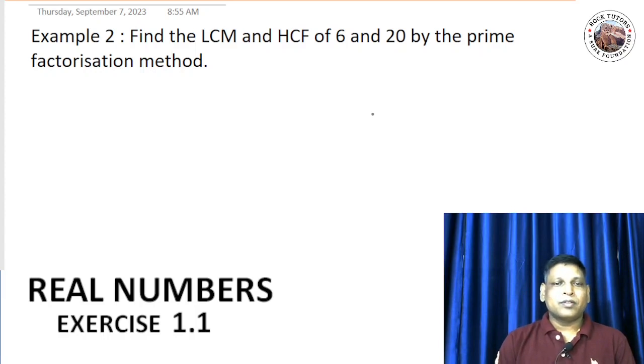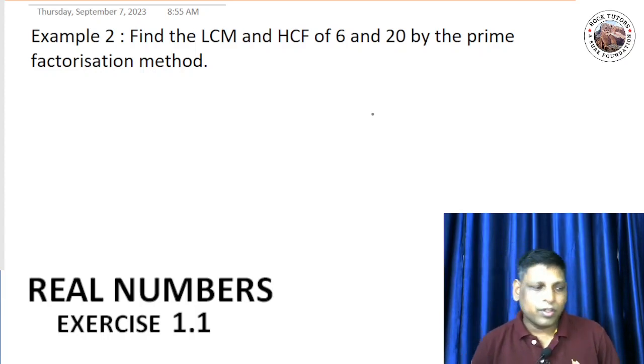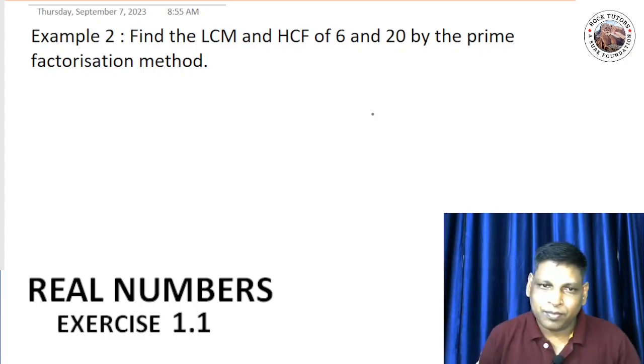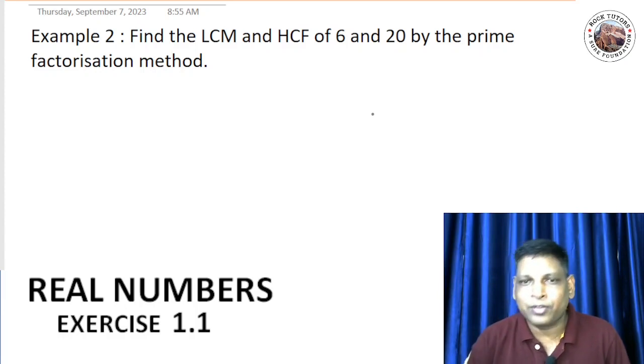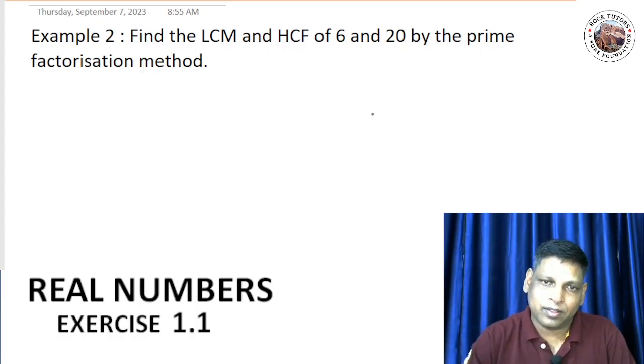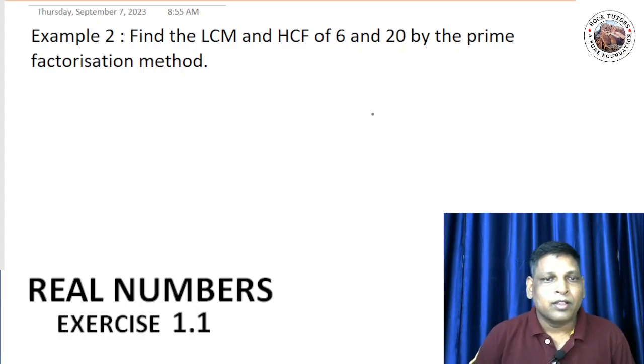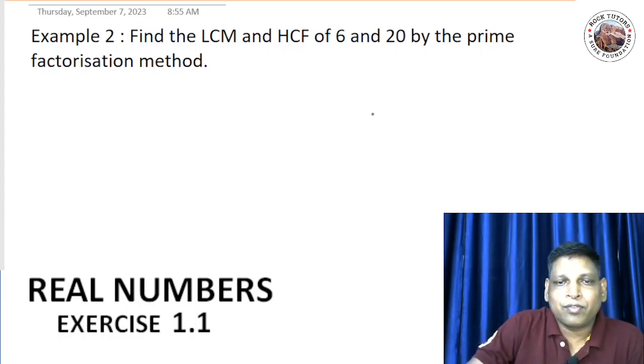We know what the prime factorization method means; I think we have been doing it from 6th class onwards. If you don't know, I am going to explain once again, so please concentrate and see.